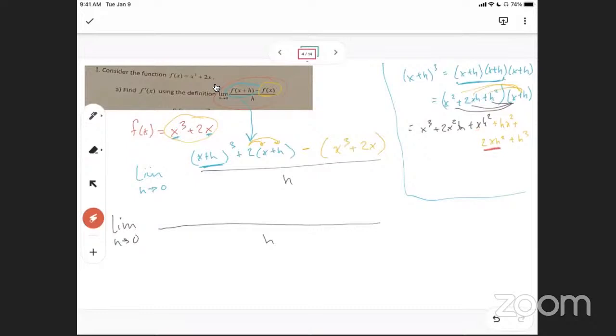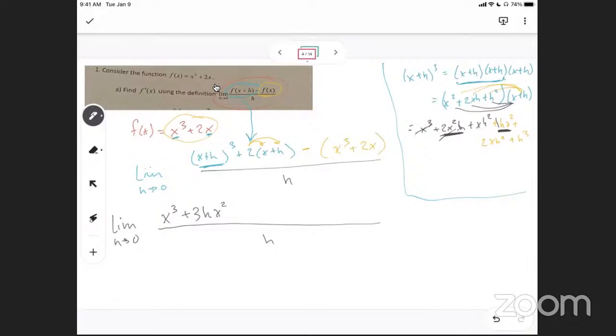There are two xh squared terms. So I'm going to simplify it. It's x cubed. I've got 2x squared h plus 1x squared h. You see how those are like terms? They're both x squared terms. So that's plus 3hx squared.